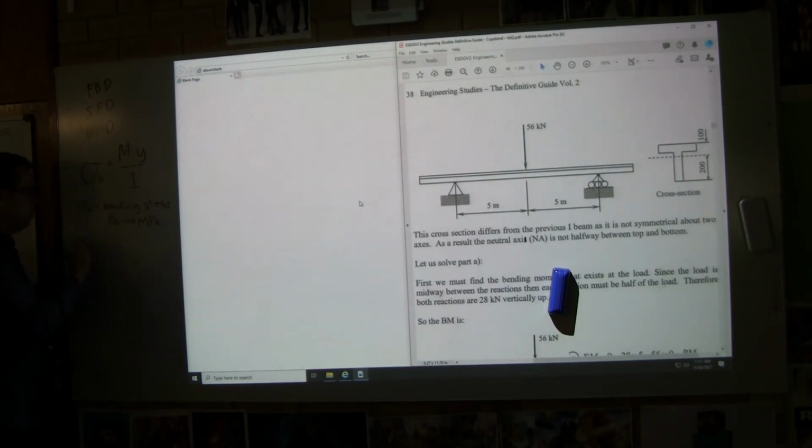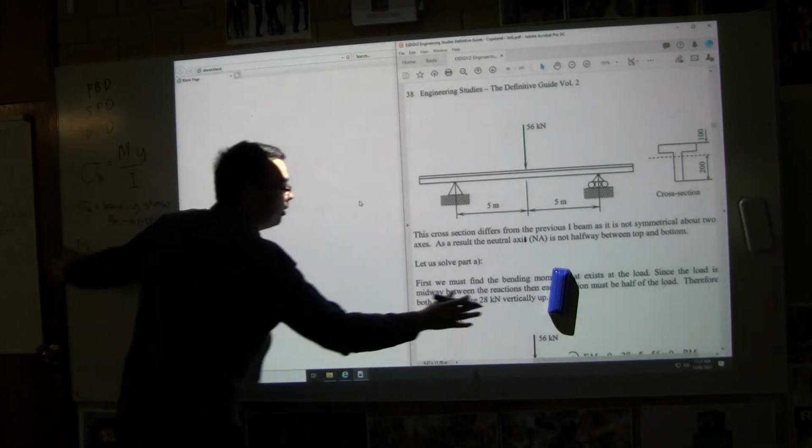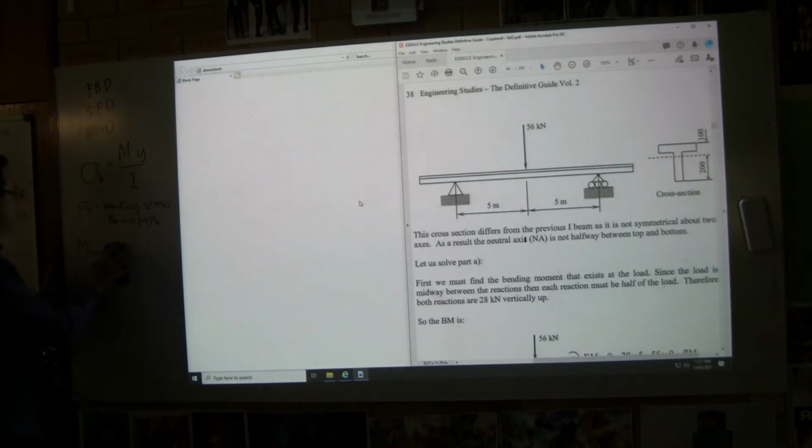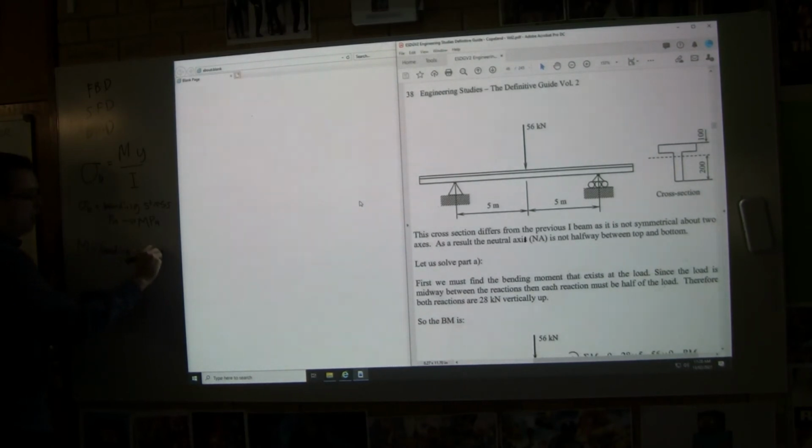Okay, what does M stand for? Moment? M max, right, is how I would probably write it. I won't write that underneath, because otherwise I'll run out of space. M equals bending moment. And typically, we're usually interested in M max.